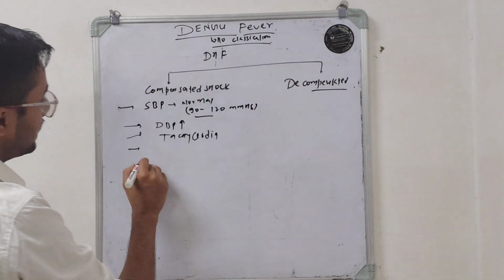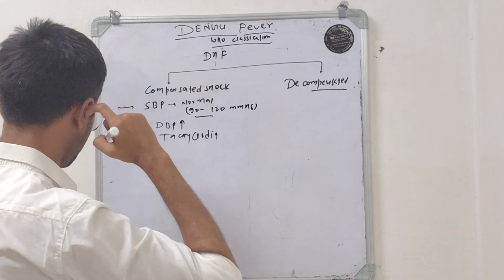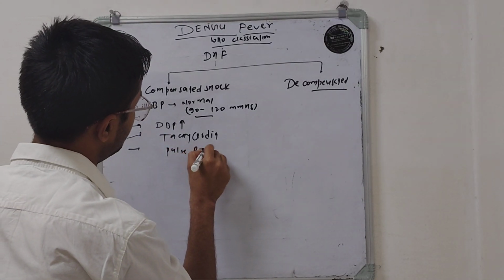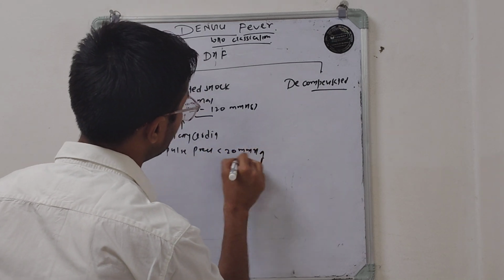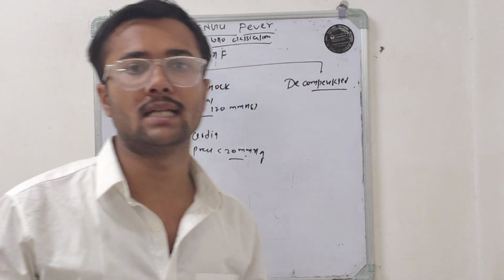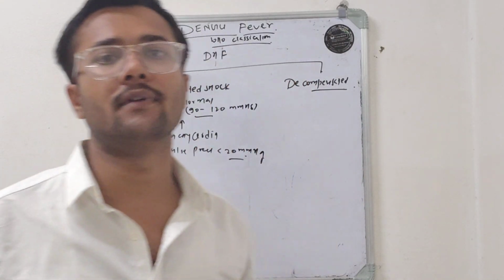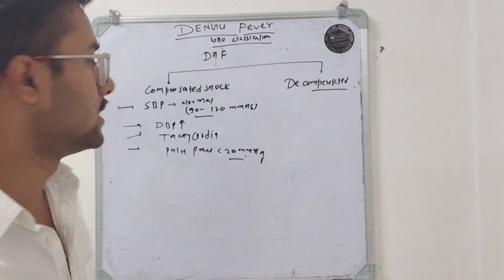After that, the patient has a reduced pulse pressure. Pulse pressure is less than 20 mmHg. This drop in pulse pressure is due to the rise in diastolic BP, because what is pulse pressure? Systolic minus diastolic. So if the diastolic value increases, obviously the pulse pressure gets reduced.